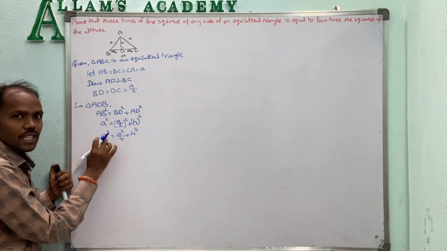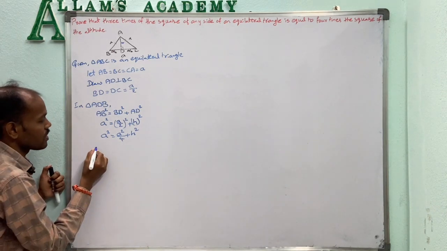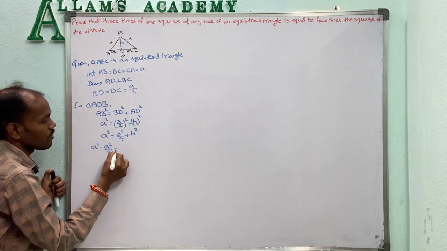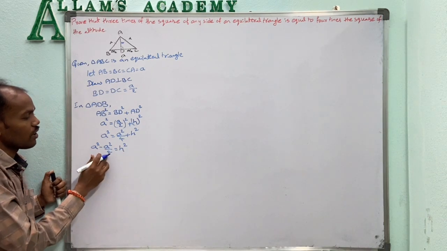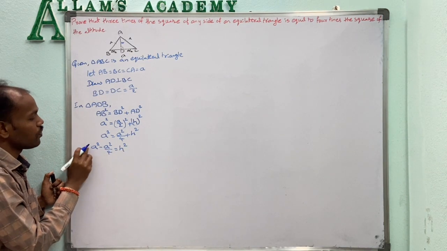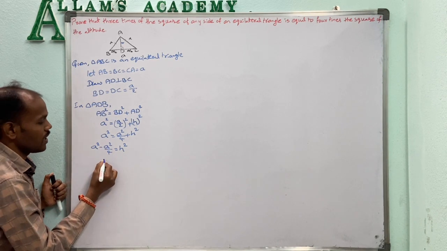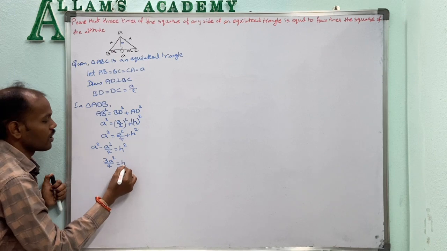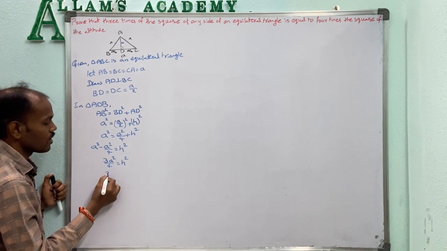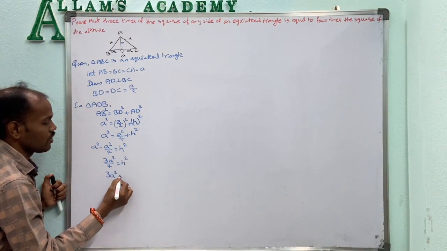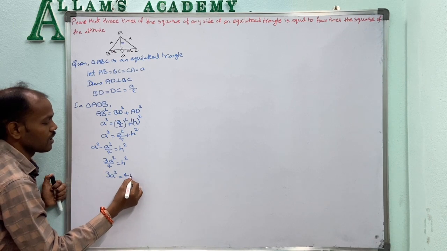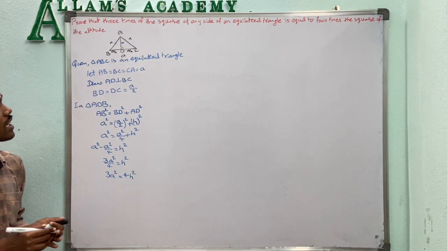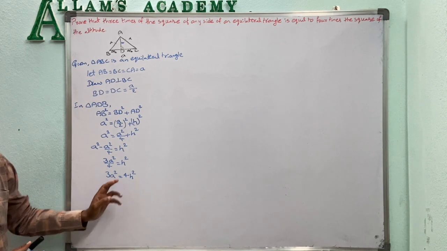Now transferring A square by 4 to this side, minus A square by 4, equals H square. The LCM is 4, so 4A square minus A square equals 3A square by 4 equals H square. So 3A square equals 4H square. So that is our given answer.